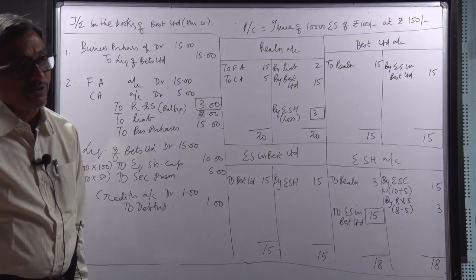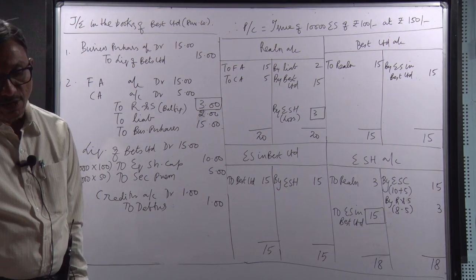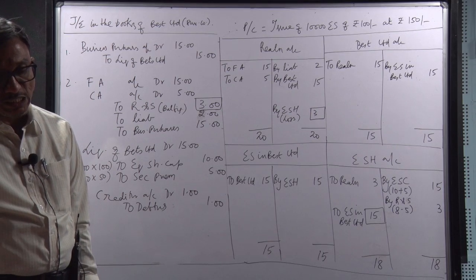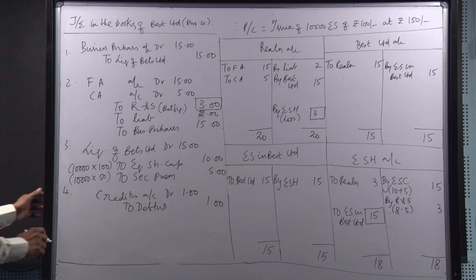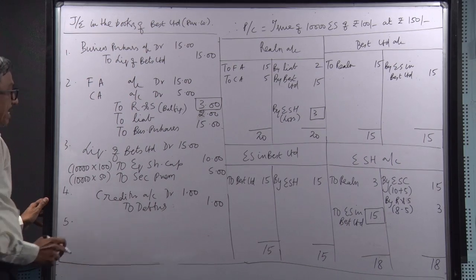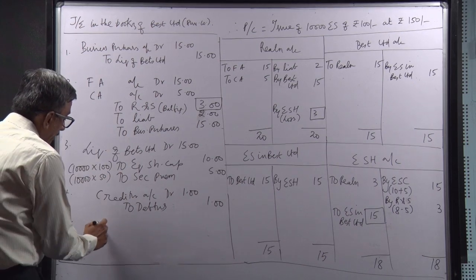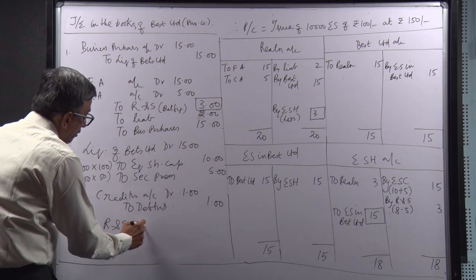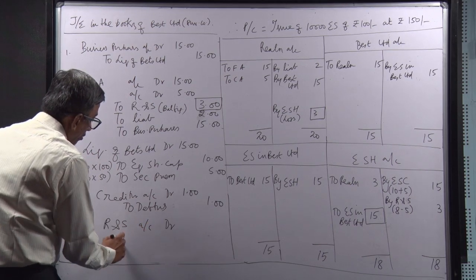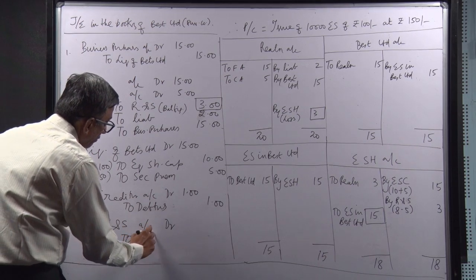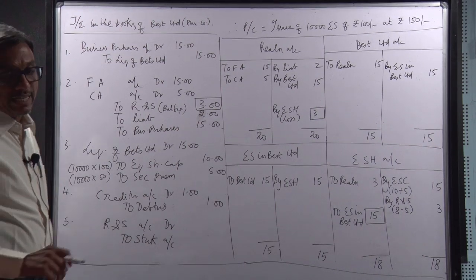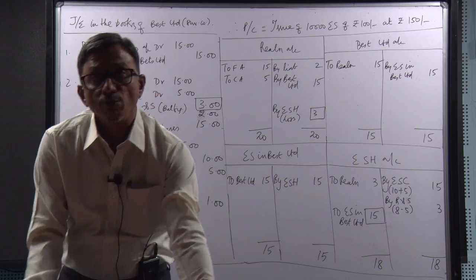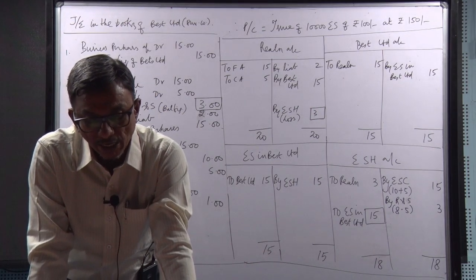On this they made a profit of 25% on cost. Out of this, 50,000 goods are still in stock. So on 50,000 rupees you have to calculate the unrealized profit on stock. You have to make an entry for that. What is the entry? You have to debit reserves and surplus account, credit stock account. Because this is a merger, any change in unrealized profit on stock should be adjusted in the reserves and surplus account.